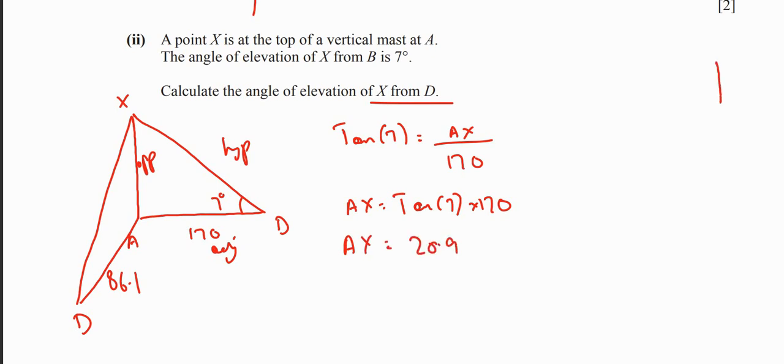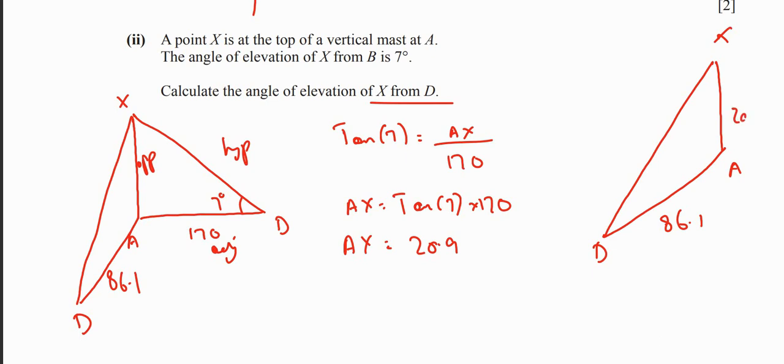So now you guys have this diagram ready. X, A, D. AD is 86.1, and we had the value of AX, which is 20.9. The diagram is such that this was making an angle of 90 degrees.